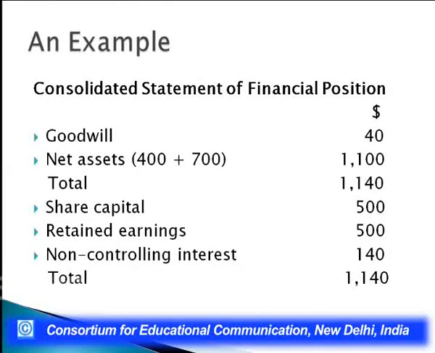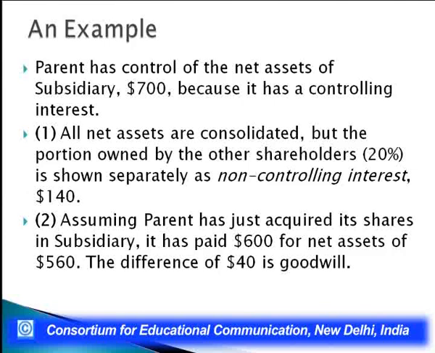Okay, this is another example in front of you. This is showing the consolidated statement of financial position. The data which was shown on the last slide, here I am showing you the solution. So goodwill is 40, right? How did we get that? If you look at the slide, 600 was the amount paid and 560 is the value of the assets acquired, 80% of 700.